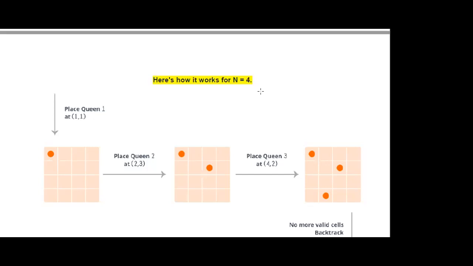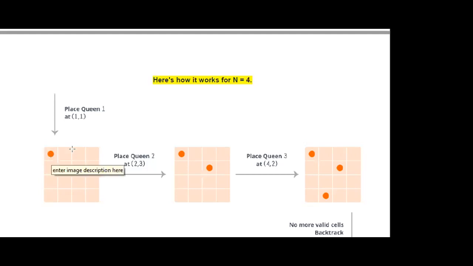So what is the solution? Using backtracking. Let's try to solve it. Suppose initially we are placing the first queen at the first slot, that is cell (i, j), and if this is the first row and this is the first column, then this slot is (1, 1). So at cell (1, 1), we are initially placing the first queen.